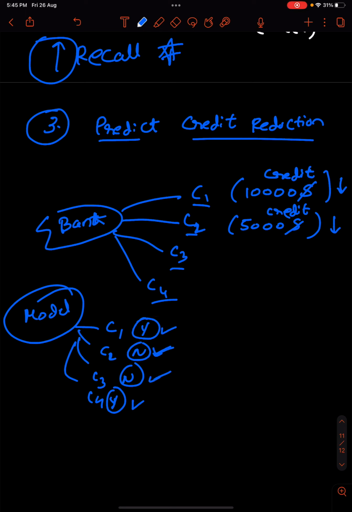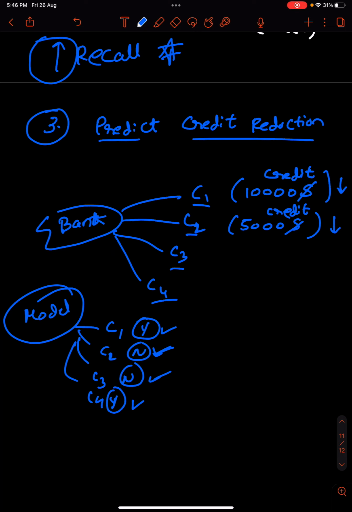It's basically a binary class model again. So what is the use of this? Maybe the bank is suffering from some cash crunch or because of recession, so it wants to reduce the credit given to different customers to reduce the risk. And because of this reduction, some customers might move away from this bank, right?